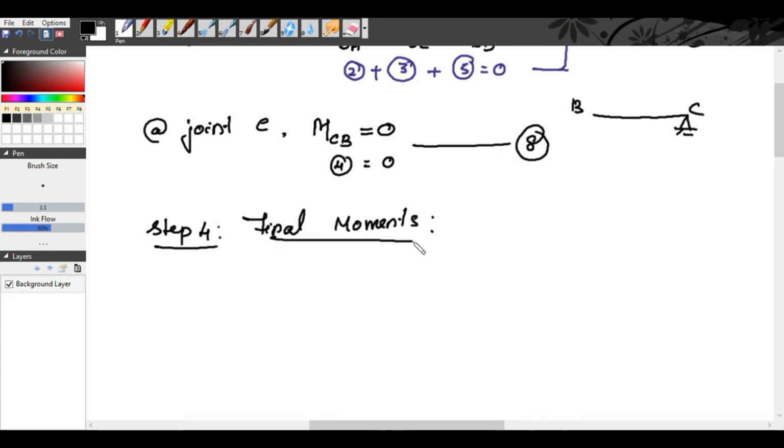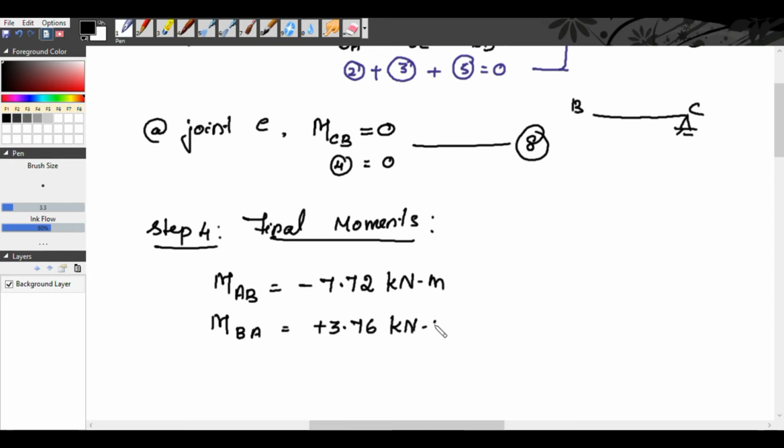The final moments are: MAB will be equal to minus 7.72 kilonewton meter. MBA will be equal to plus 3.76 kilonewton meter. MBC is equal to minus 2.90 kilonewton meter.